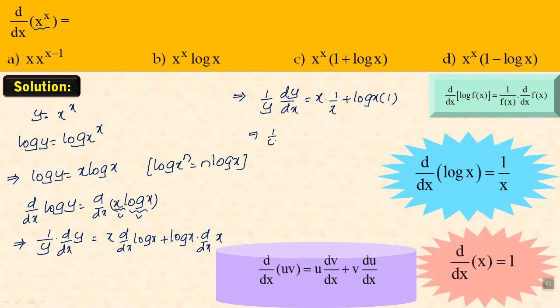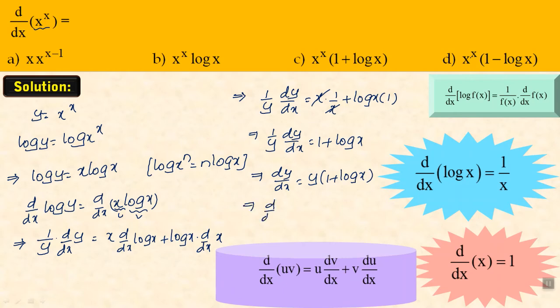This implies 1 by y into dy by dx is equals to, here x gets cancelled, 1 plus log x. This implies dy by dx is equals to y into 1 plus log x. This implies d by dx of x power x, here y is x power x, is equals to x power x into 1 plus log x. Therefore, the answer is option C.